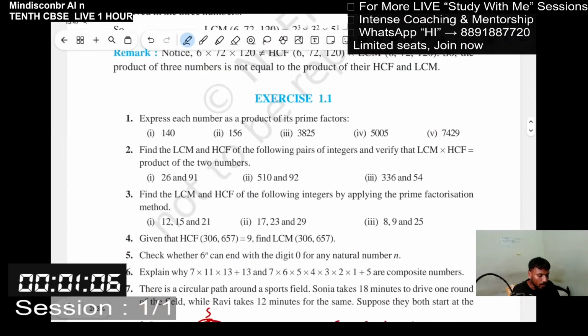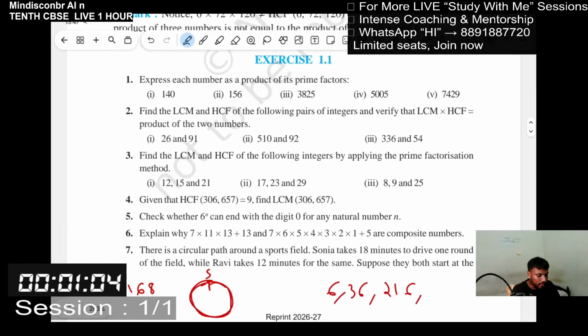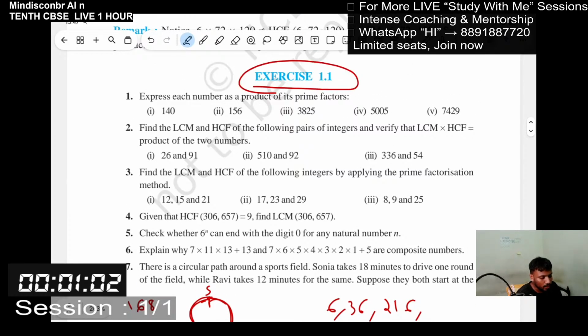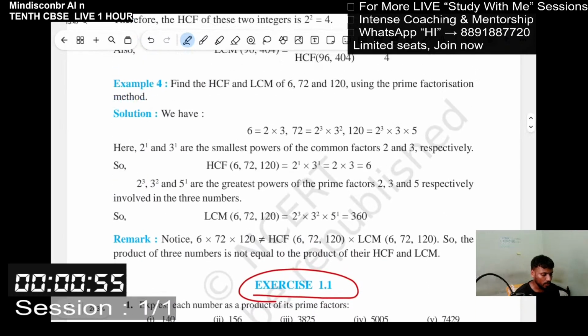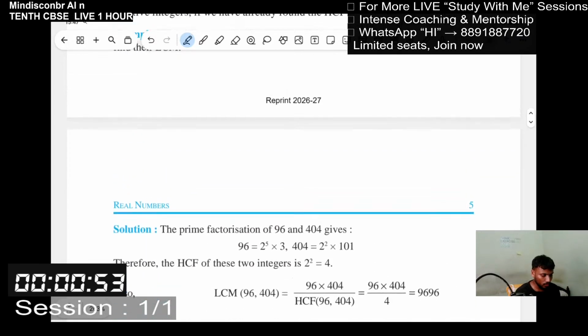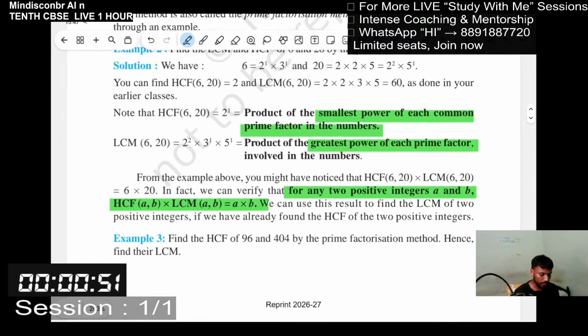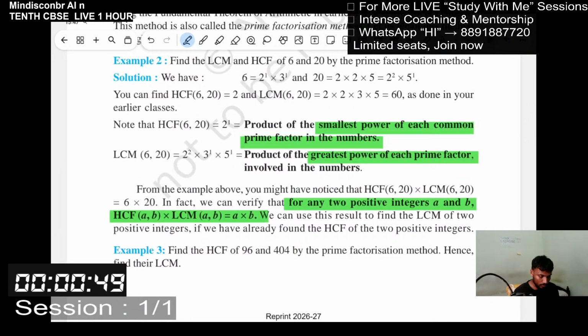So we have completed the full exercise 1.1. Also we have gone through the two definitions, that is HCF of two numbers and LCM of two numbers.